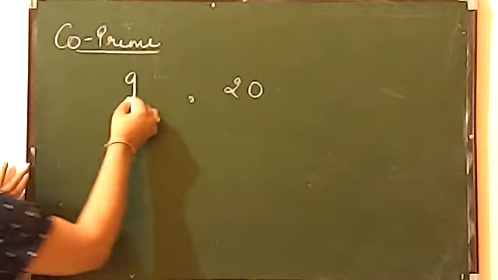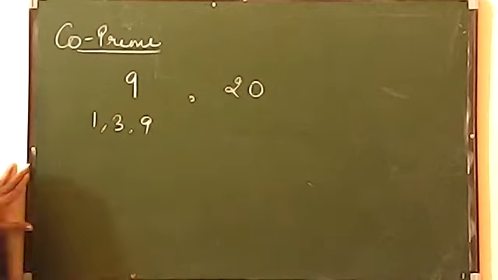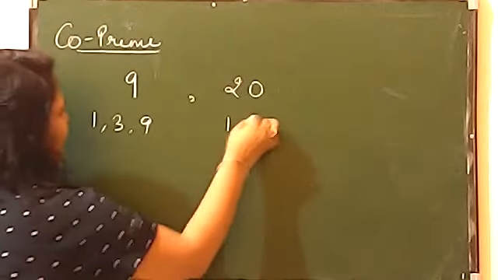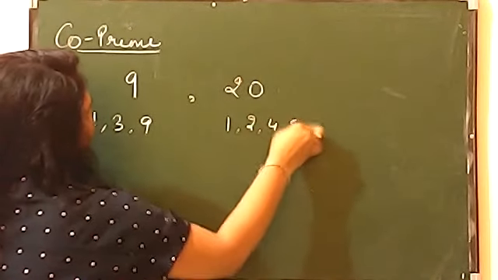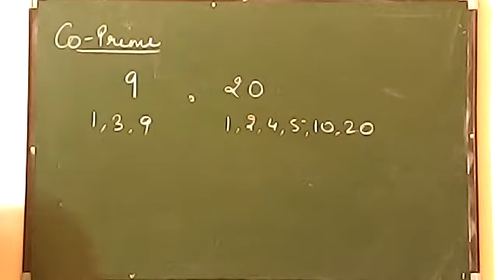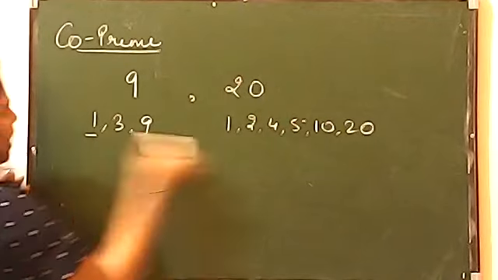The reason is, if you find the factors of 9, 1, 3, 9 are the factors of 9. If you find the factors of 20, you have 1, 2, 4, 5, 10 and 20. Now let's take the common. What is common? Only one.